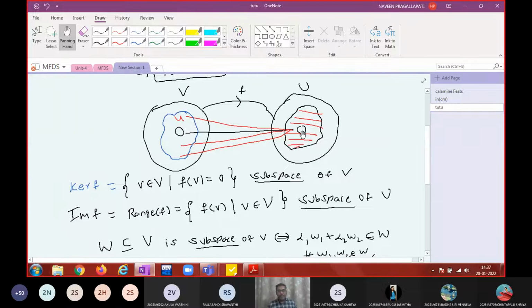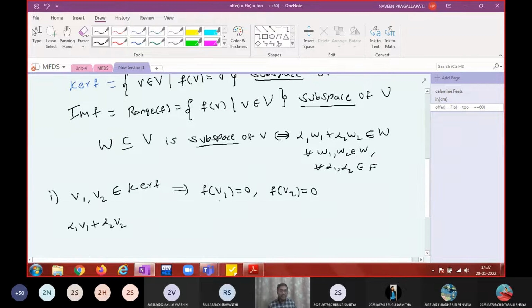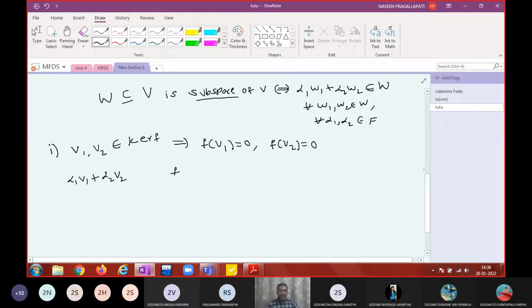Any element that is mapped to 0 should belong to the kernel. Am I right? So that's why you check whether f of alpha 1 v1 plus alpha 2 v2 is mapping to 0 or not.